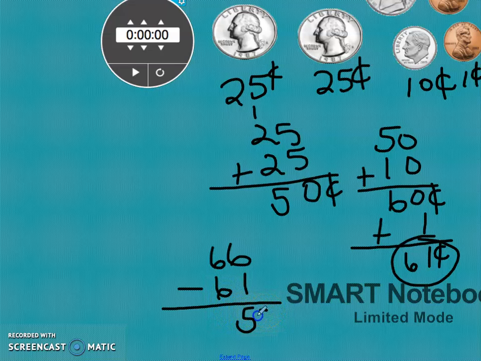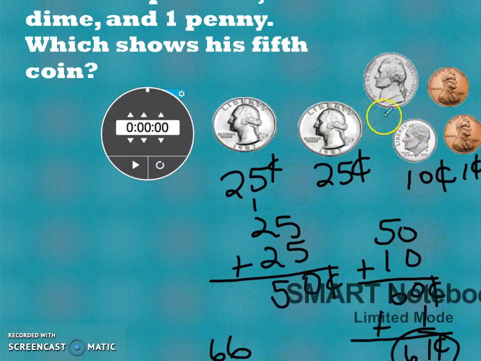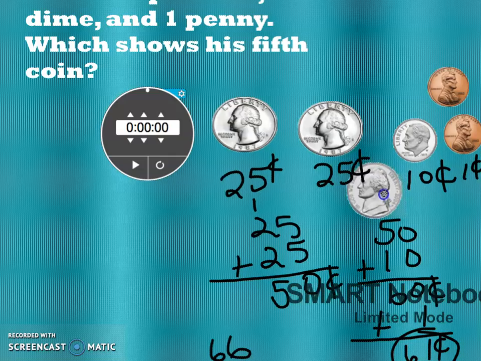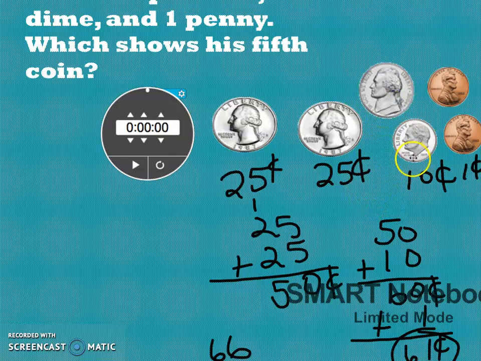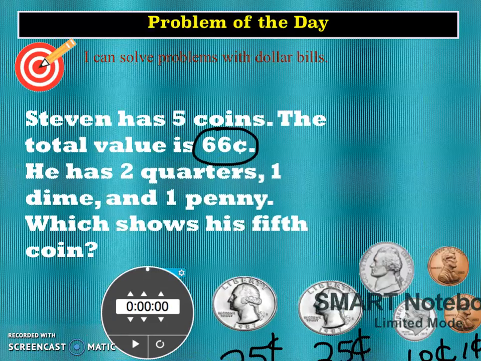So we know the coin that's missing is 5 cents. So the 5th coin would be a nickel. And that would make the 66 cents. Good job, guys. Let's move on to the explicit instruction.